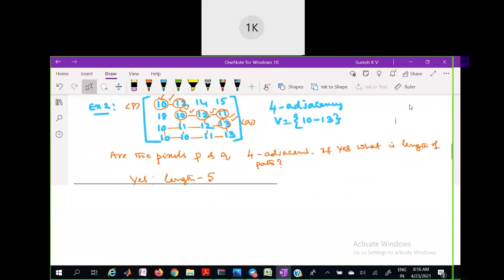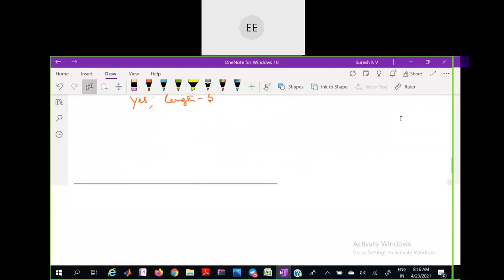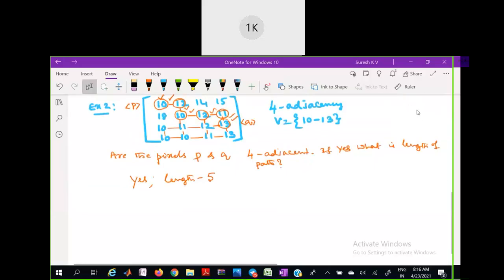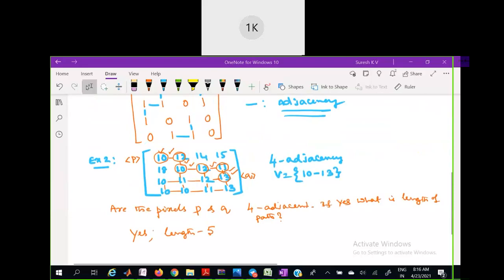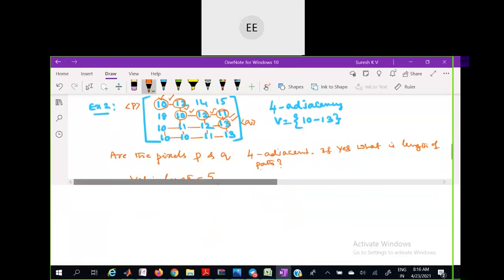Excuse me, sir. Yes, please. Sir, is it necessary to take the shortest path? If they ask you the question, length of the shortest path, I think what you said is correct. And usually we take the shortest path. In fact, when they ask the question, they'll usually include this also. I think that's a good point that you raised. If yes, what is the length of the shortest path?